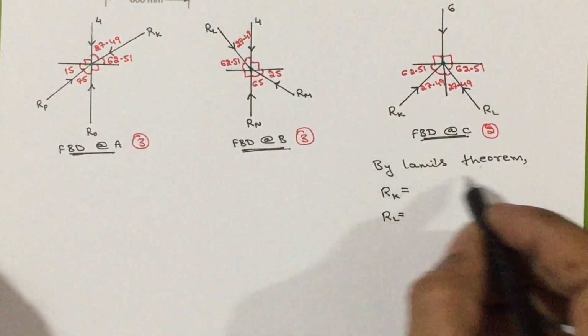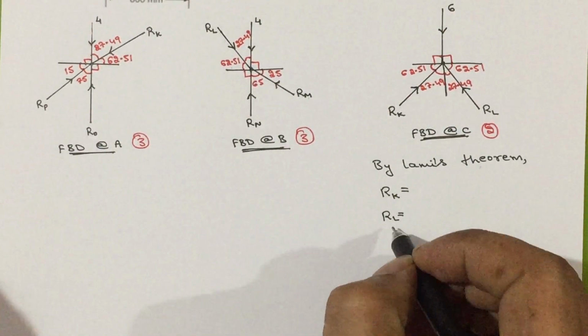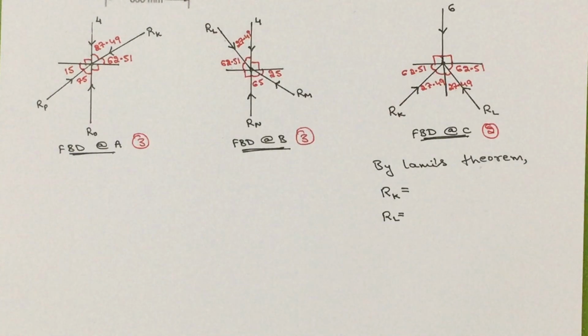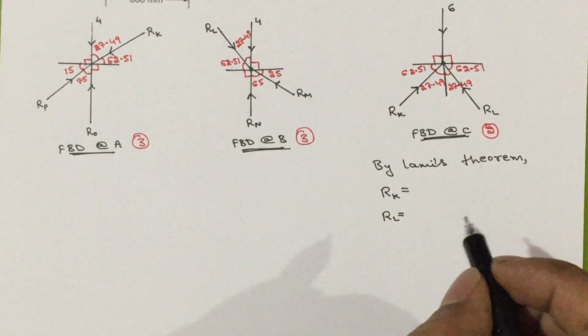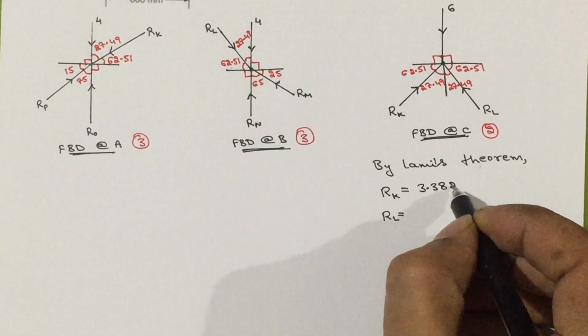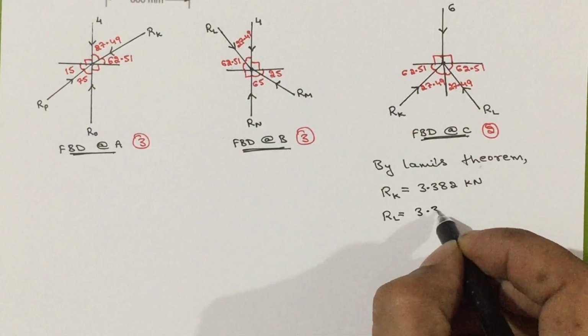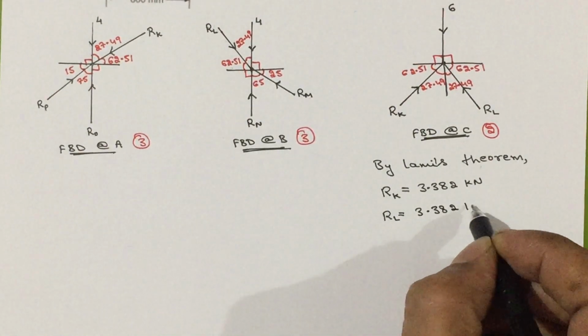Apply the Lami's equation, write the Lami's equation, then you will get RK as 3.382 kilonewton. Here also RL is 3.382 kilonewton.